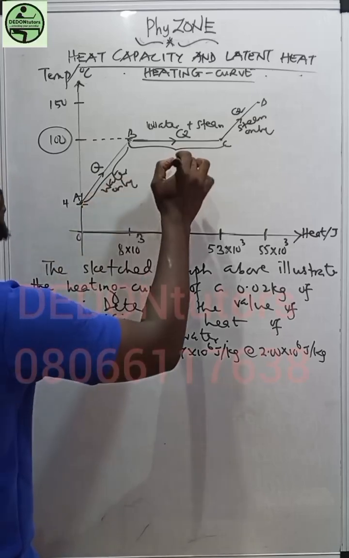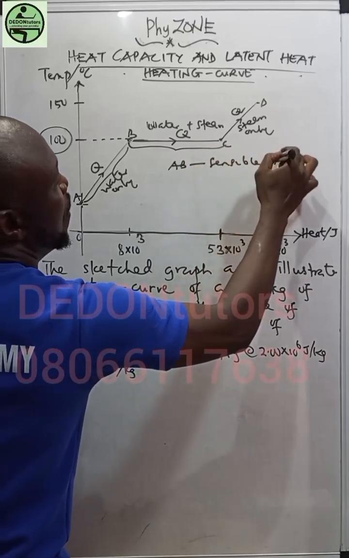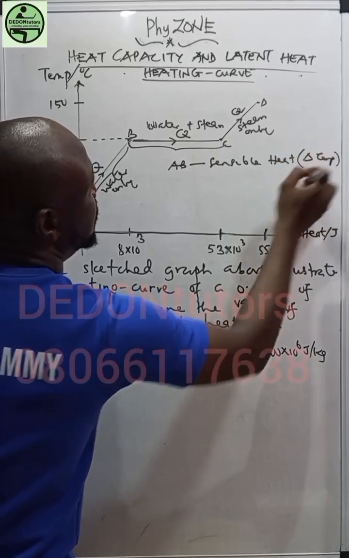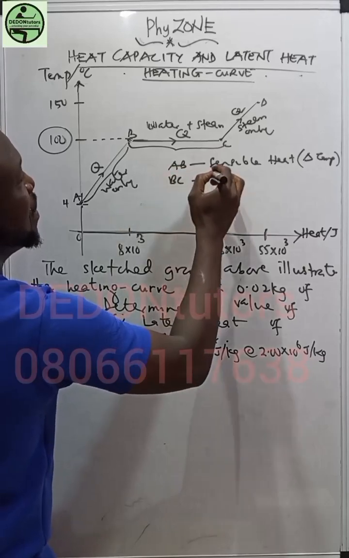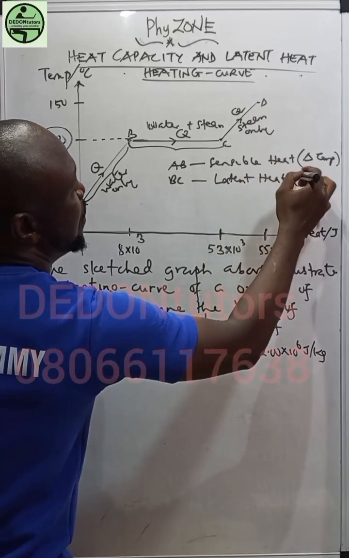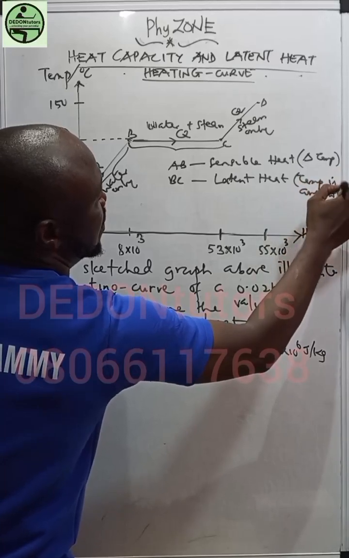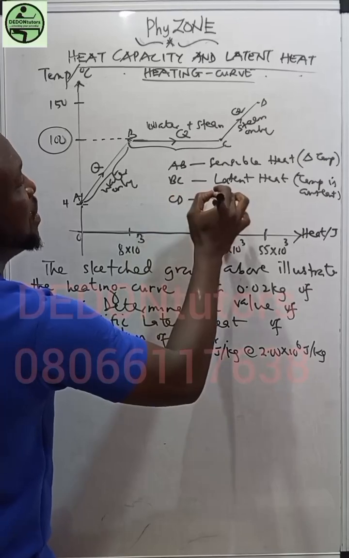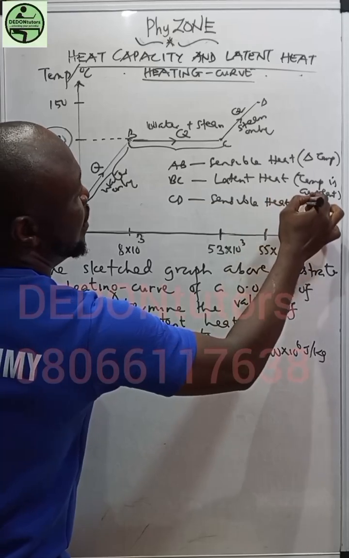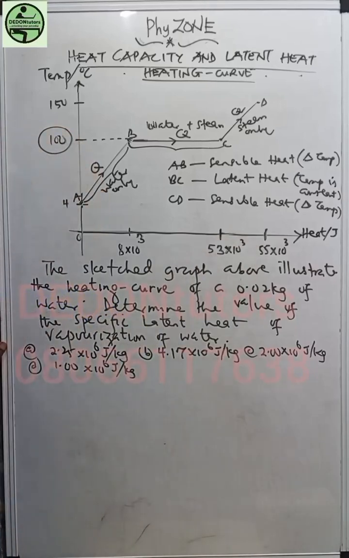So A to B, we have sensible heat because there is a change in temperature. B to C, we have the latent heat of vaporization, because the temperature is constant, as in ABC. While C to D, we also have sensible heat because our temperature changes.